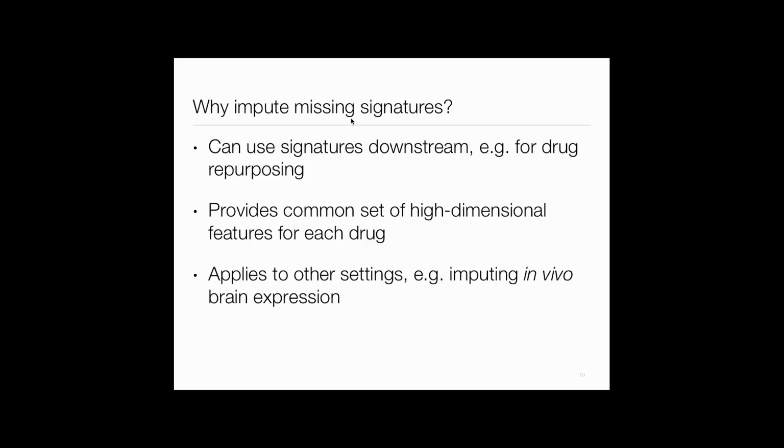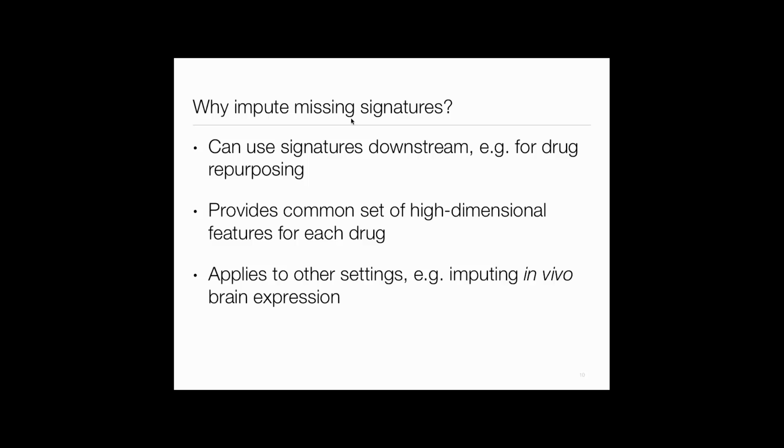So first of all, we could use these imputed signatures and just treat them as if they were measured, and so you could do downstream analyses such as the drug repurposing that I just outlined. Another reason is that by imputing the data and filling out the space, this would provide a common set of high-dimensional features for each drug.